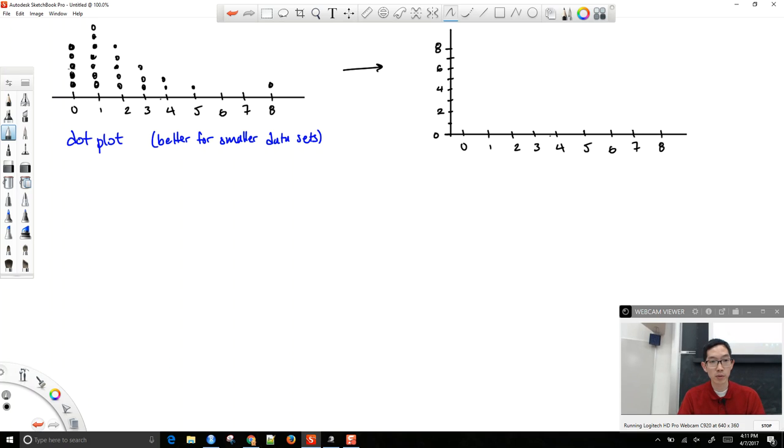All we do is say, okay, there's 1, 2, 3, 4, 5. So this bar starting at 0 goes to 5, and then the next one goes up to 7.